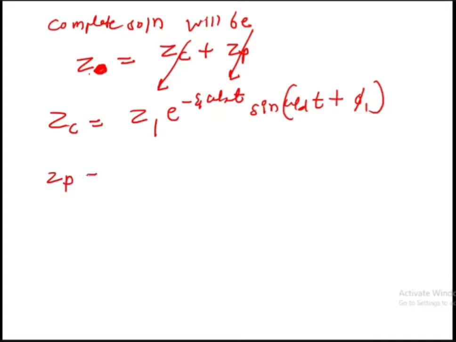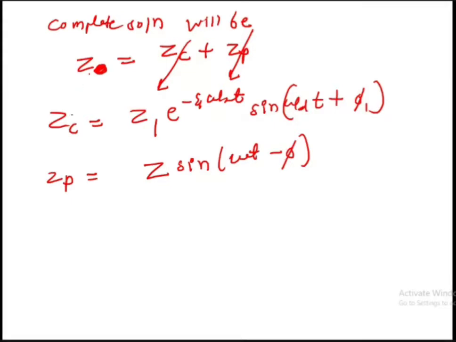And what will be ZP? ZP will be Z into sine omega t minus phi. In the last case, it was omega t plus alpha minus phi, because alpha had arrived in that equation. Here alpha has not arrived, so there is no condition of alpha here. So here my ZP is only Z sine omega t minus phi.